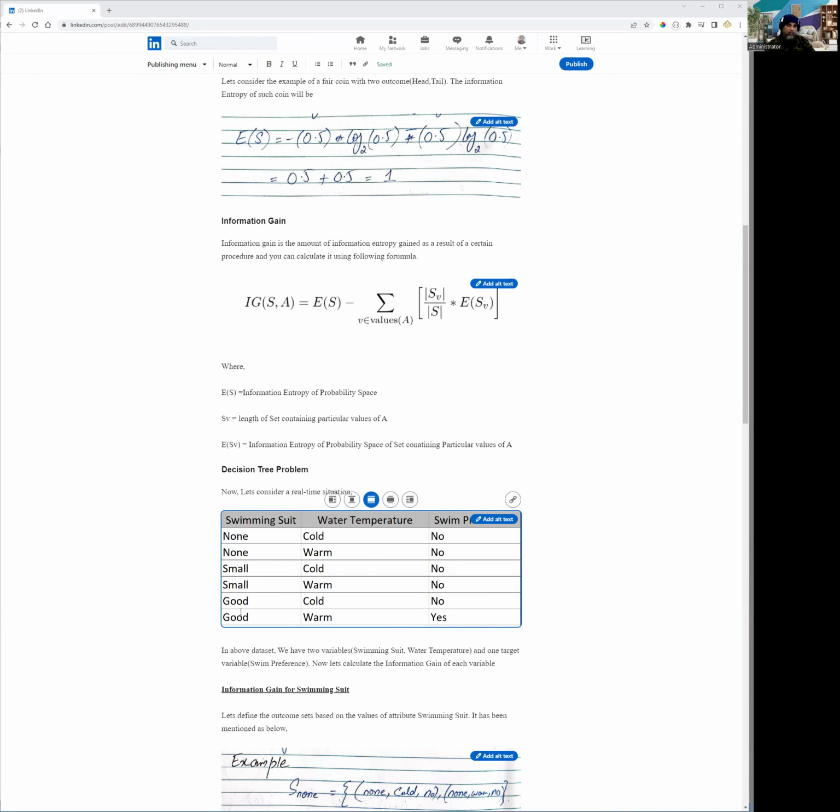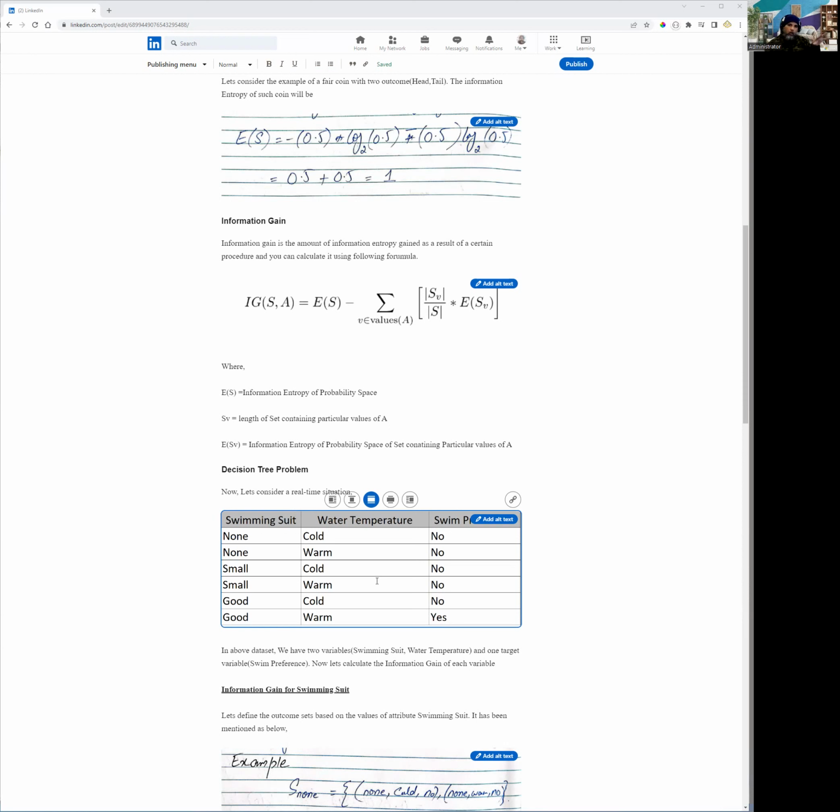Now, the last condition: the swimming suit is good, but the water temperature is cold. Our preference is to stay away from the water. We don't want to get sick. However, if we have a good swimming suit and the water temperature is normal, fuzzy, so that we can enjoy it, our preference is that we are going to swim, right?